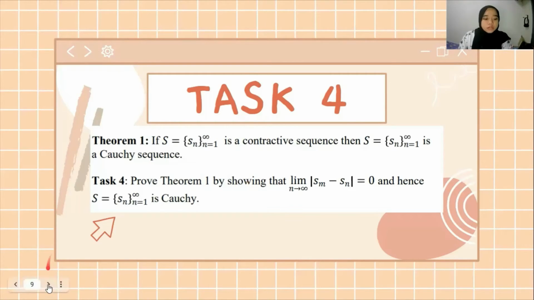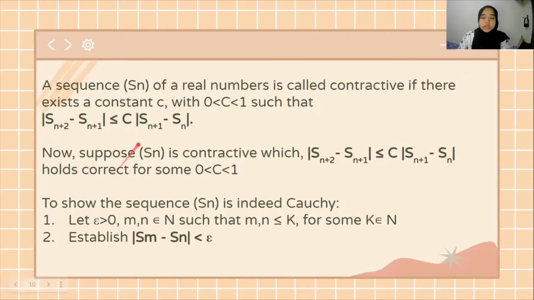Okay, we will start this solution with a statement: a sequence of real numbers is called contractive if there exists a constant c, with the value of the constant between 0 and 1, such that modulus Sn plus 2 minus Sn plus 1 is less than or equal to c modulus of Sn plus 1 minus Sn.